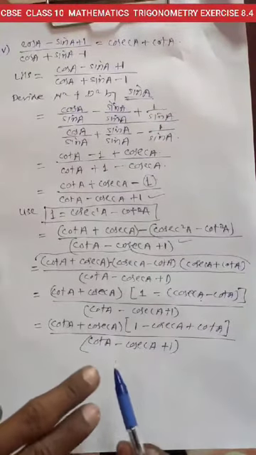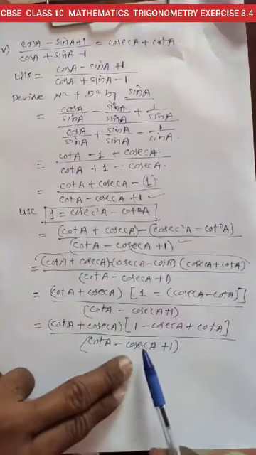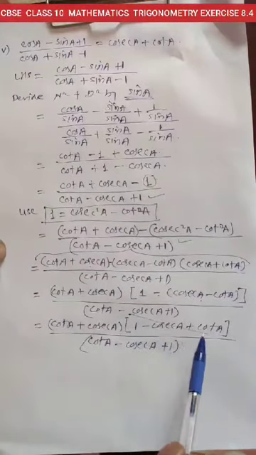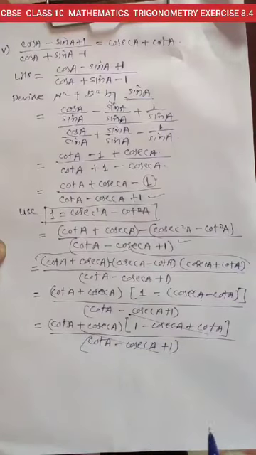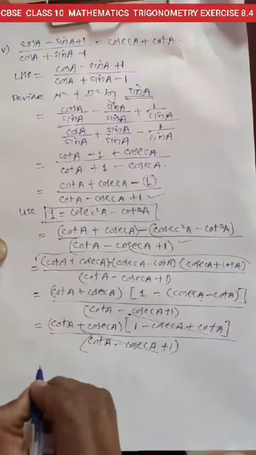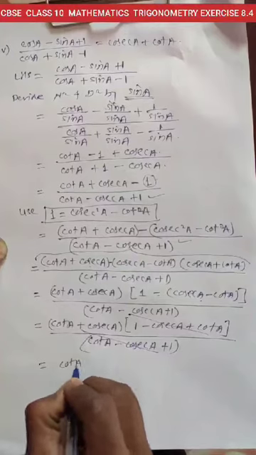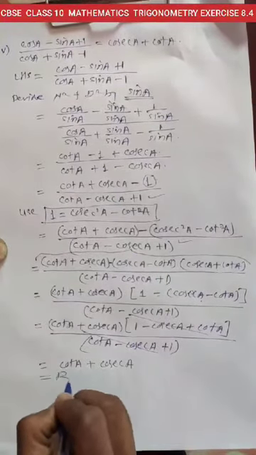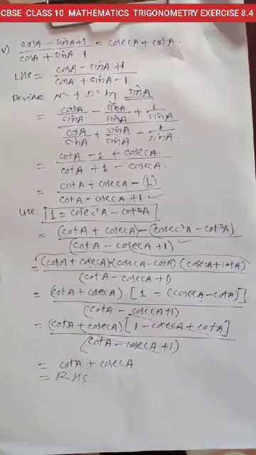Now just concentrate: plus cot A minus cosec A, plus 1. That means these are identical brackets, so they get cancelled. What will be the remaining? Cot A plus cosec A, and this is the right hand side. So this is example number 5.